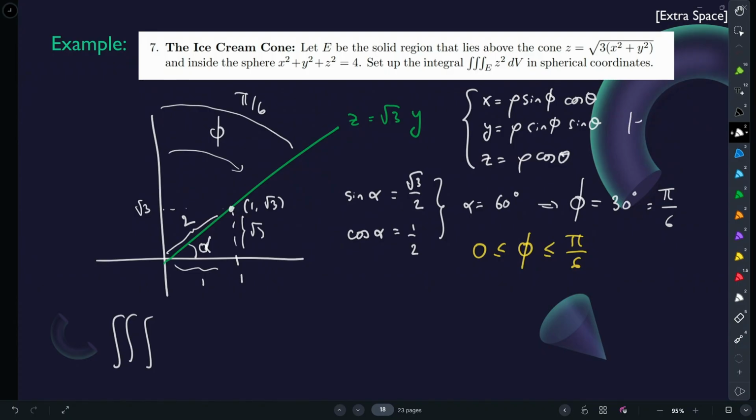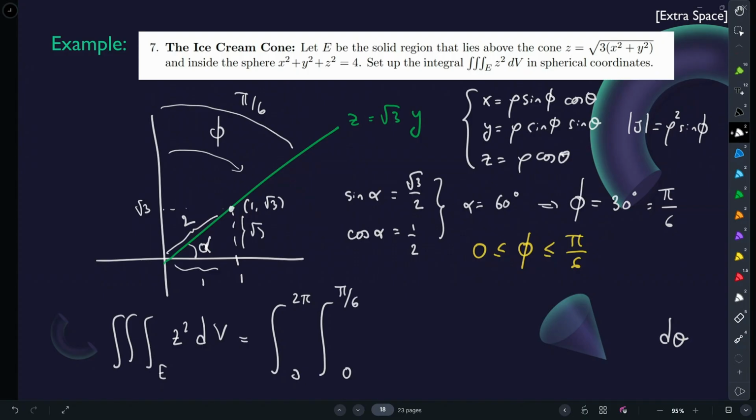The Jacobian for this transformation is rho squared sine of phi. And therefore, this triple integral over this ice cream cone will be, let's start with theta going from 0 to 2 pi, phi going from 0 to pi over 6.